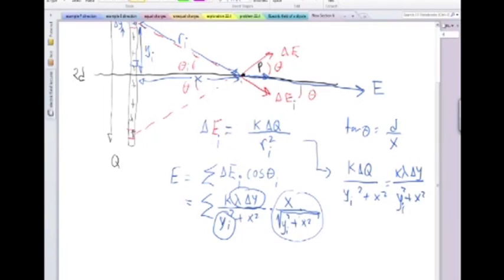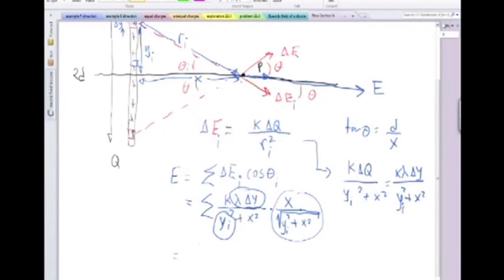So the next step is to turn this already almost into the form of an integral. If you haven't taken integral calculus, don't worry about this last step. But this is going to end up looking like this: k lambda dy over y squared plus x squared to the 3/2 power.